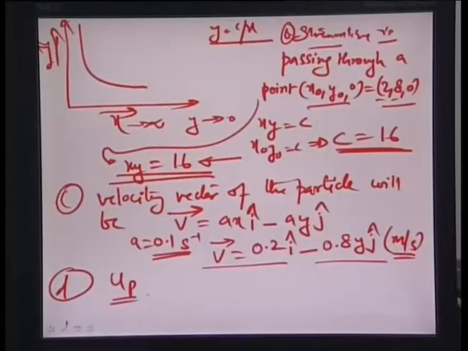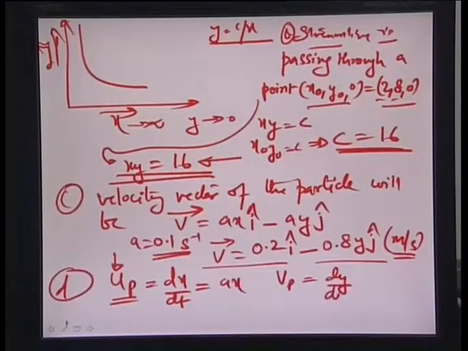So, as we know u, which is actually equal to dx by dt, okay, equals ax, right. So, this is u at a particular position, or the x component of the velocity at a particular point p. And similarly we also know that v of the particular particle will be dy by dt equal to minus ay.